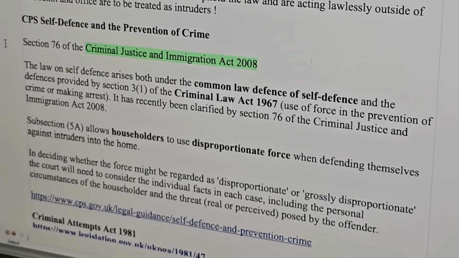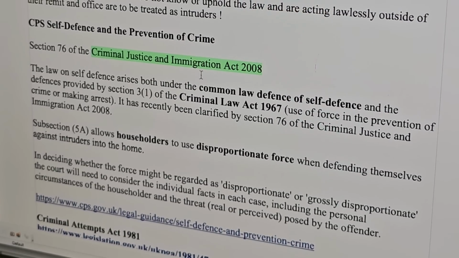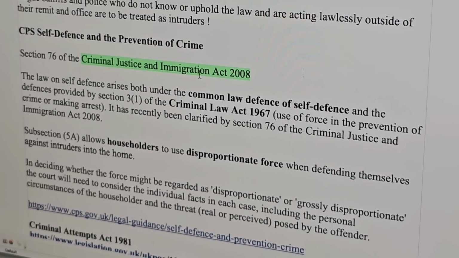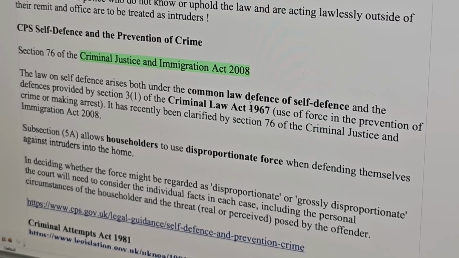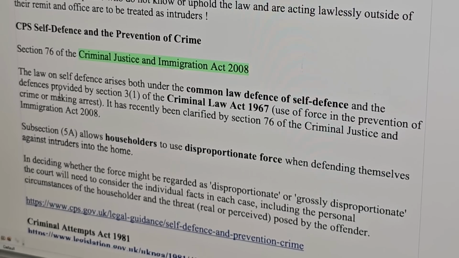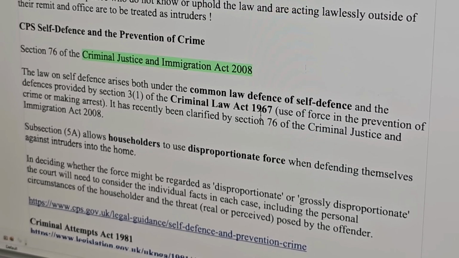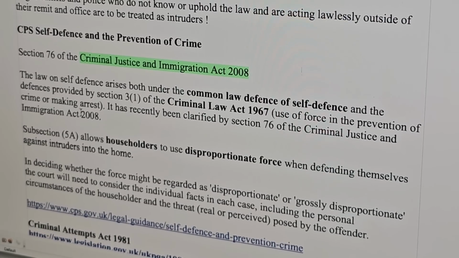CPS Self-Defence and Prevention of Crime. Section 76 of the Criminal Justice and Immigration Act, 2008. They often put these like this so you ignore this. The law on self-defence arises both under the common law defence of self-defence and the defence provided by Section 3.1 of the Criminal Law Act 1967, the use of force in the prevention of crime or making arrest.